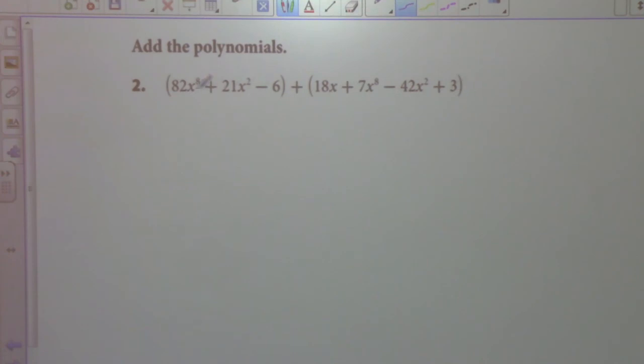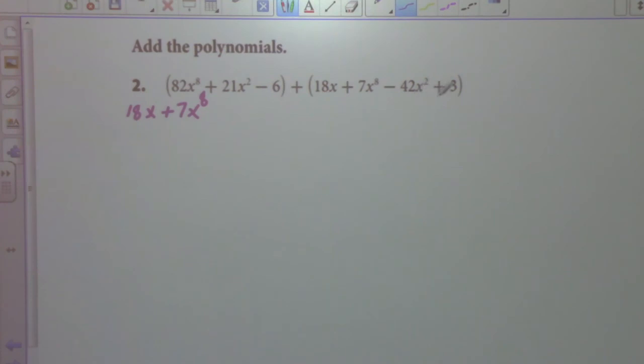To the left, okay. So 18x, does that have a column existing already? No, so I'll put this over here. And then this next one here, where does that go? So plus, put this right underneath here. So 7x to the 8th, okay, that looks good.